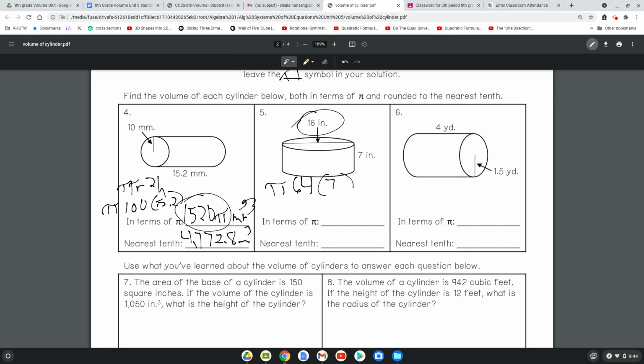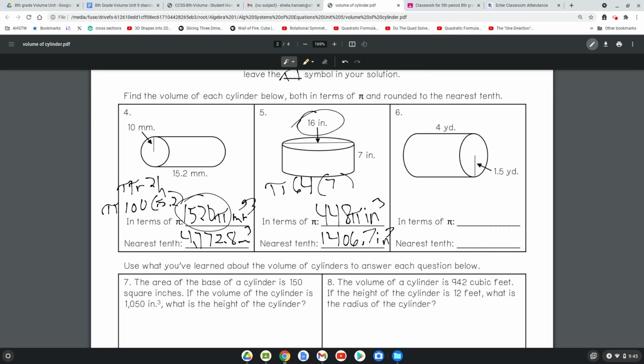So leave it in terms of pi. 64 times 7 is 448 pi inches cubed. And then when we go ahead and multiply it all out, we multiply pi and 448, we get 1,406.7 inches cubed.